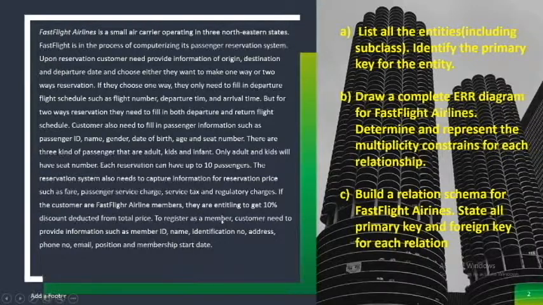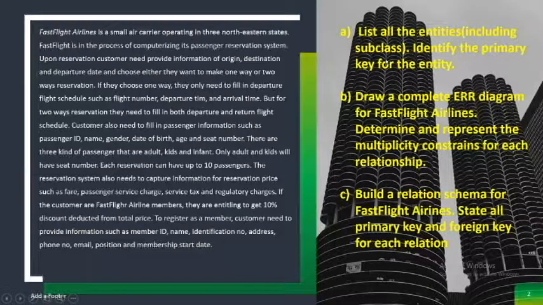To register as a member, the customer needs to provide information such as member ID, name, identification number, address, phone number, email, position, and membership start date. Okay, the first question is to list these entities, including subclass, and then identify the primary key for the entity.